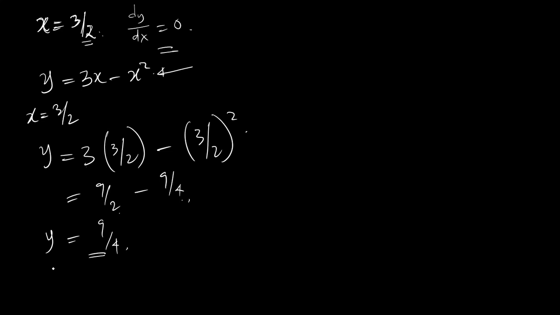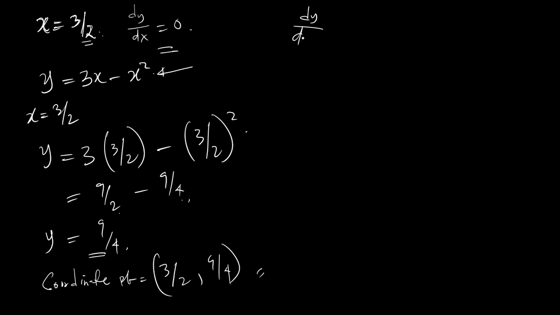So at the stationary point, the coordinates of that point are 3 over 2, comma 9 over 4. Now let's check whether it is a maximum or minimum point. We have dy over dx equal to 3 minus 2x.